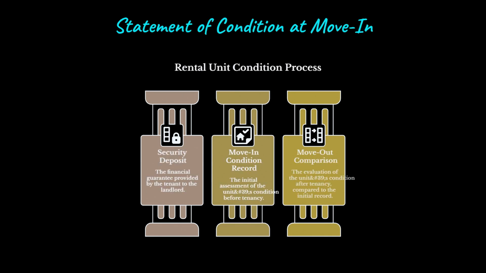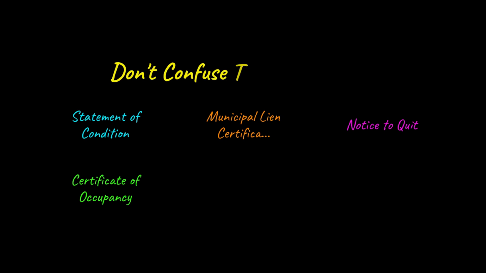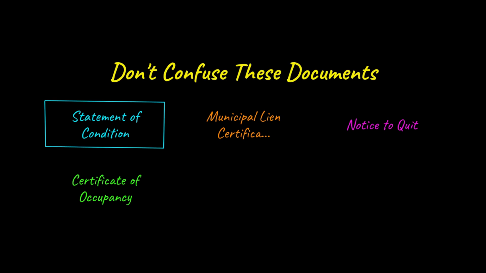Picture the moment the deposit changes hands. The landlord hands the tenant this written record of the unit's condition. That record becomes the fixed point of comparison when the tenancy ends and the unit's condition is checked again. Exams test whether you can separate this from look-alike documents. The municipal lien certificate reports unpaid taxes at closing.